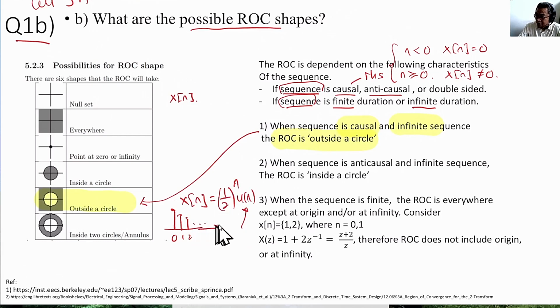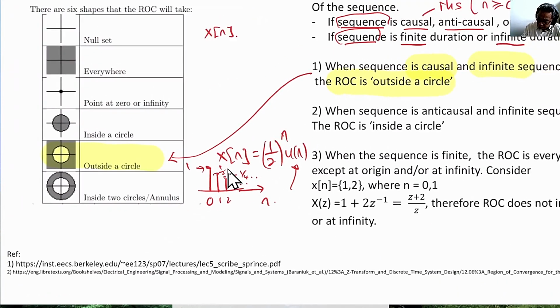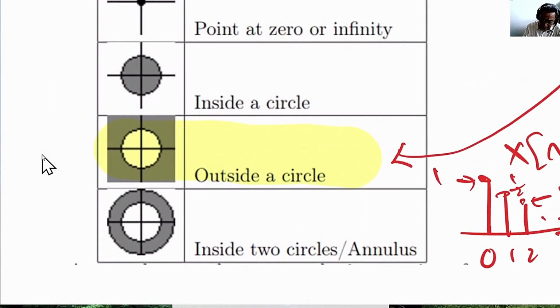So this is 1, this is half, and this is 1/4, and so on. In this case, when we have such a sequence which is causal and infinite, the region of convergence is outside the unit circle, and if you refer to the lecture notes, there will be a pole sitting somewhere either here or here to mark the start of the region of convergence.